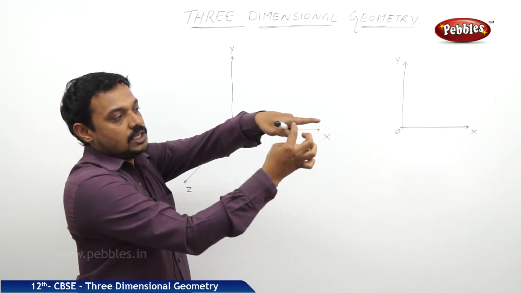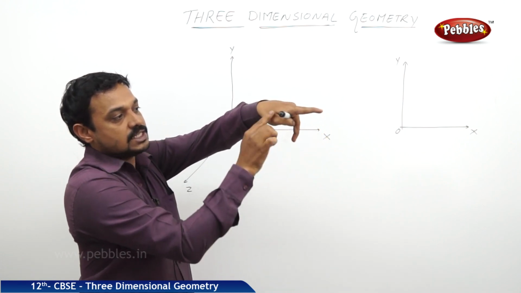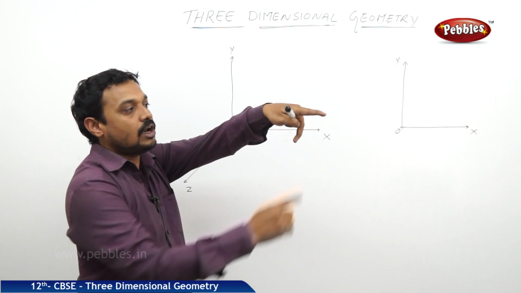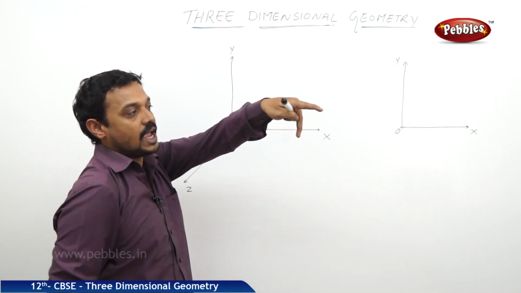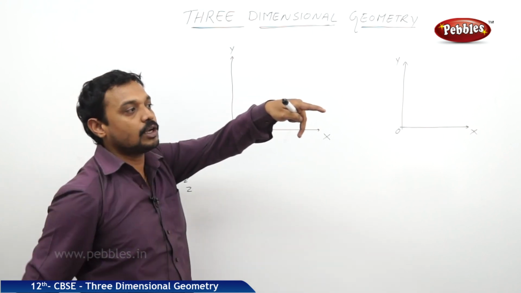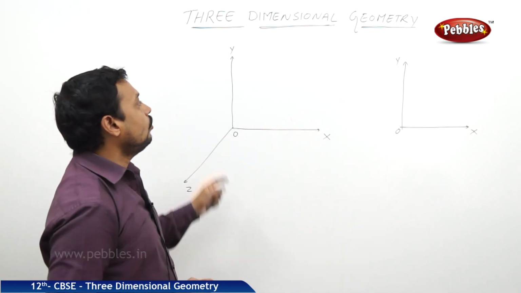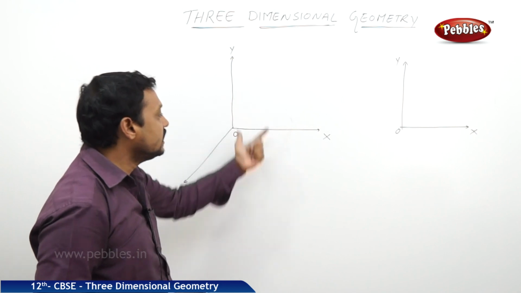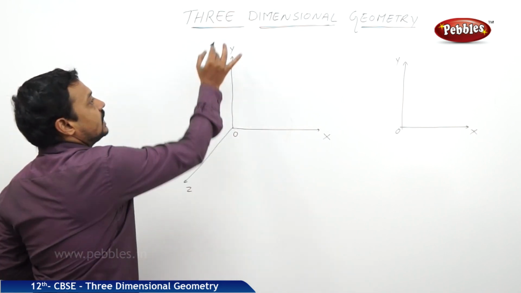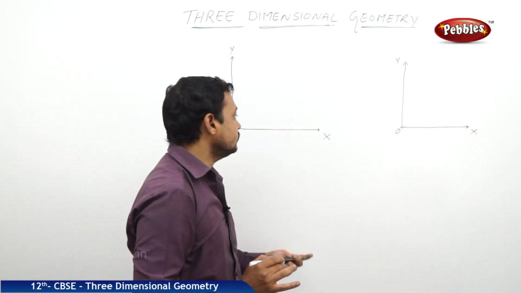Now you see the x-axis, y-axis, z-axis. These three are mutually perpendicular axes, and this is the point of intersection of the three axes, known as the origin. We define the geometry by these axes, that is three-dimensional geometry.